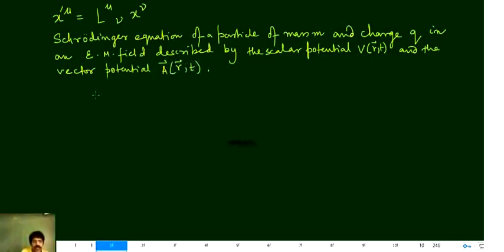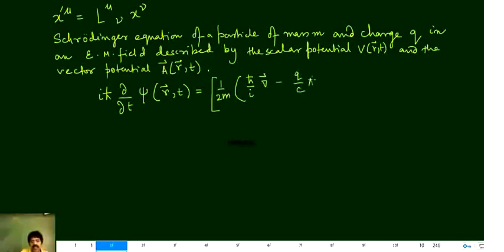So the Schrodinger's equation looks like this: i h cut del psi(r,t) del t is equal to 1 by 2m, h cut by i del minus q by c A(r,t), whole square, plus q times V, a function of r,t, operating on psi(r,t).